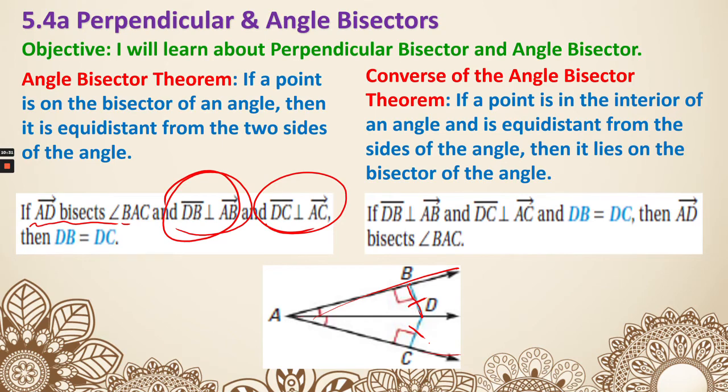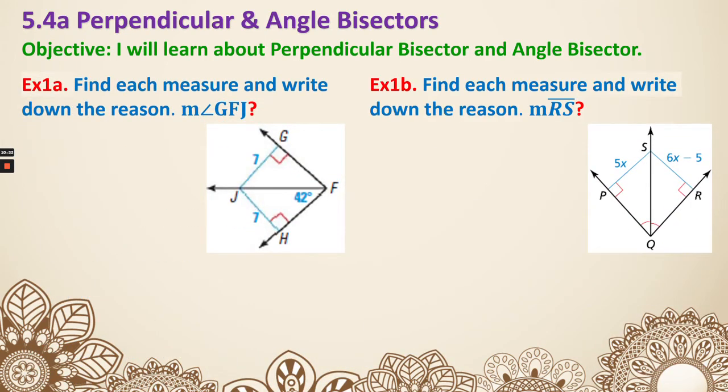Now let's have a look at some examples. Example 1a. For this one, the angles are not being labeled as the same, but we can see first we have these right angles. Then we have these two being equidistant.